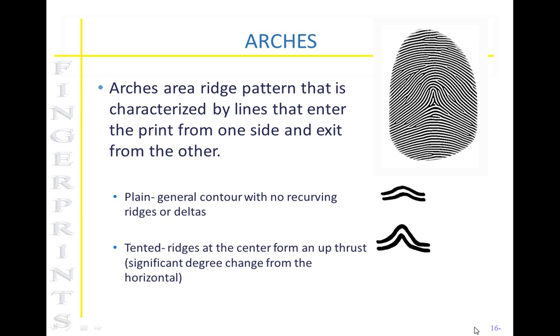The final main pattern is arches, and these are ridge patterns that are characterized by lines that enter the print from one side and exit from the other. This can also be subdivided into plain arches or tented arches, where there's more of an upthrust in the center of the arch itself.